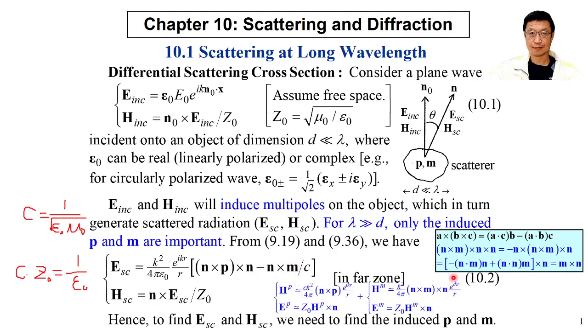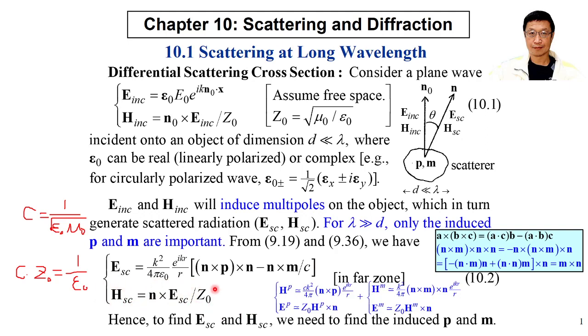And the coefficient is the same, k squared, 4 pi, the same. But this time we do not have Z0 only. So we use a c here, and in order to extract an epsilon 0 here, we express a c here, divided by c.